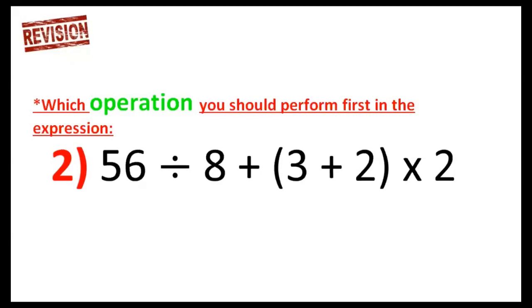So I'm going to start here by finalizing the operation inside the brackets first, from inside to outside. So in this statement, what am I going to start with? Sure, adding 3 plus 2.